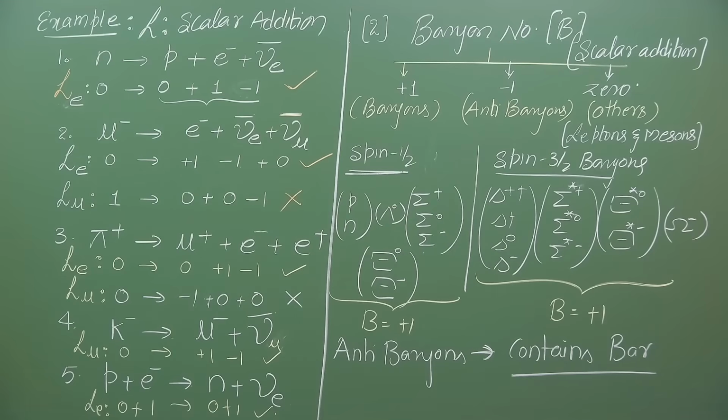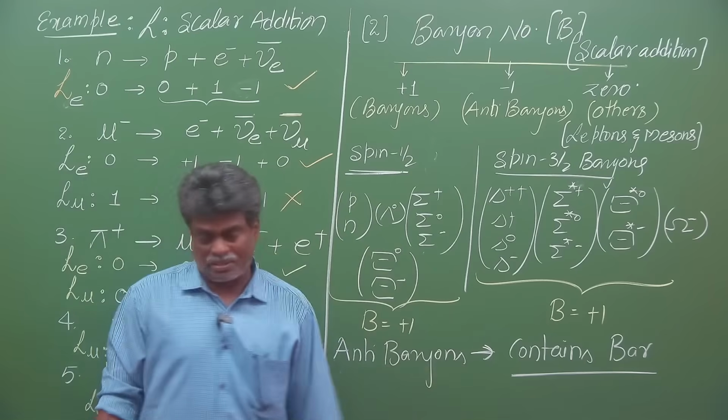I think I need not give an example for baryon numbers because it's straightforward. You know what baryons are. For those baryons only we will write +1, and other than baryons you have mesons and leptons. Be careful, you will get a small confusion with the mesons and baryons.